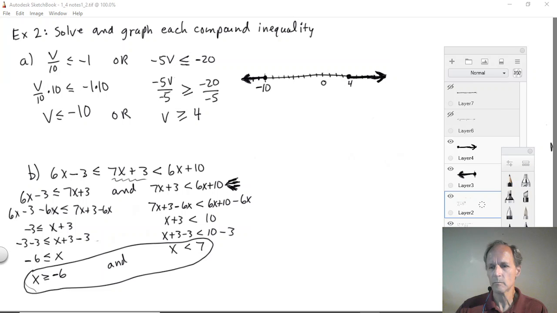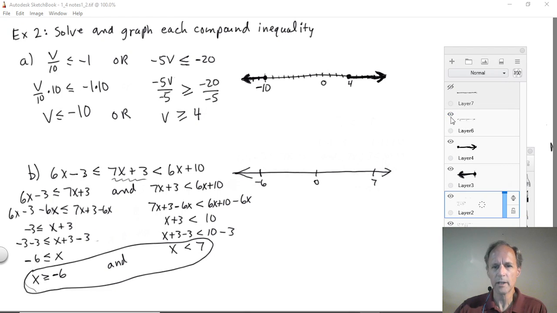So we want to graph this, and that's with the understanding that we want to only graph the points where both of those things are true. So we look at our number line, and we only want where x is greater than or equal to negative 6, but it's also less than 7. So it's going to be between those two, correct?